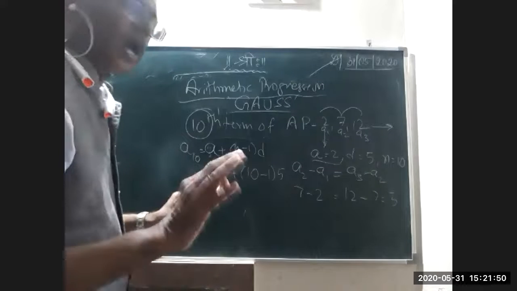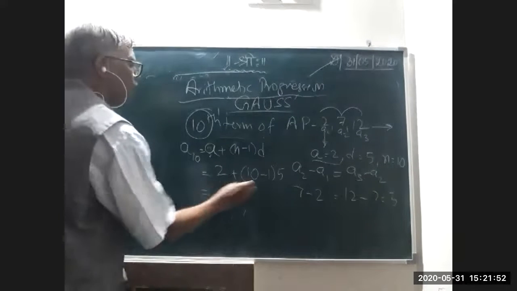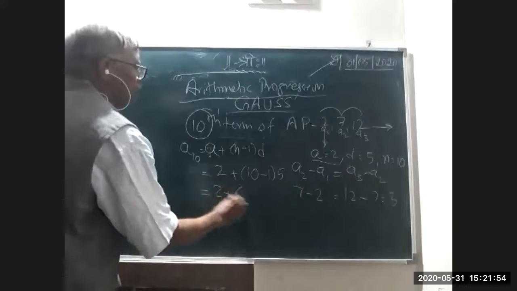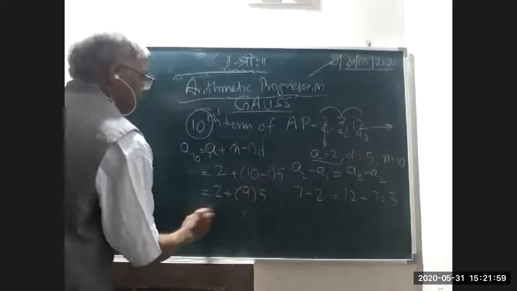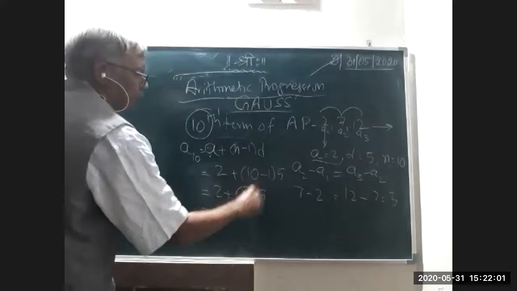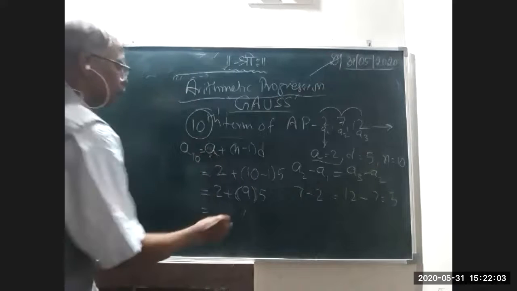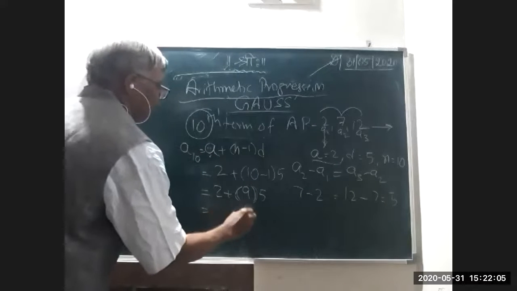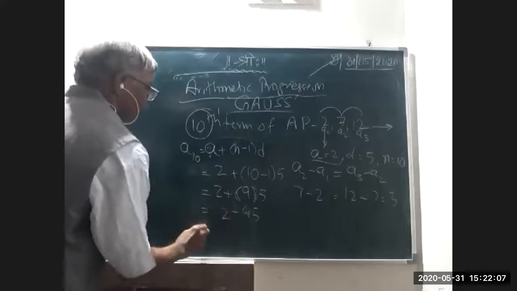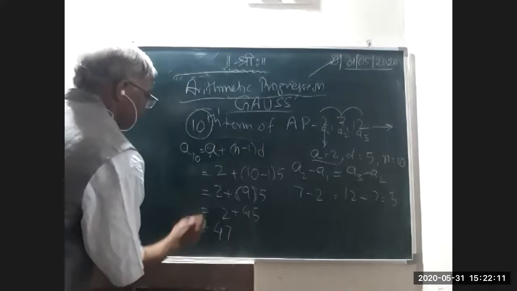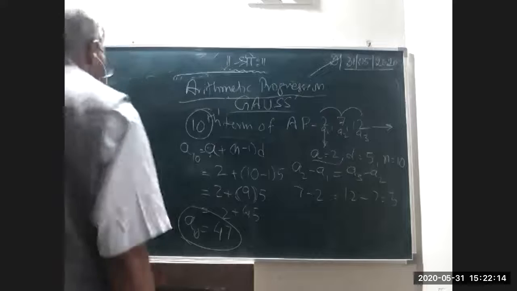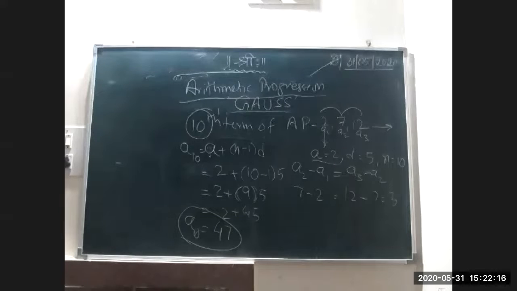Therefore, this becomes 2 plus (10 minus 1), which is 9, into 5. I always use parentheses. I don't use the multiplication dot. 9 fives are 45, plus 2. So the 10th number will definitely be 47. That is the answer you have to mark.